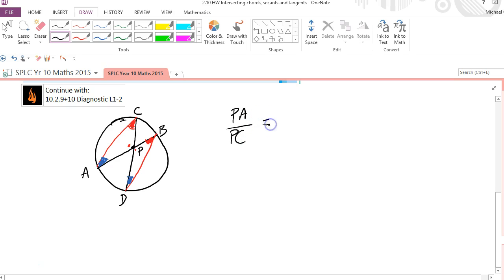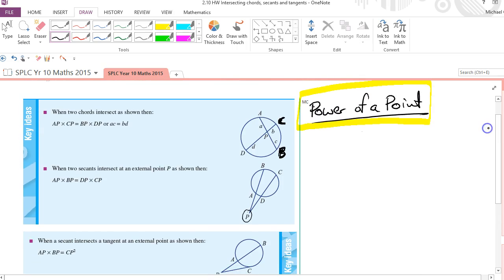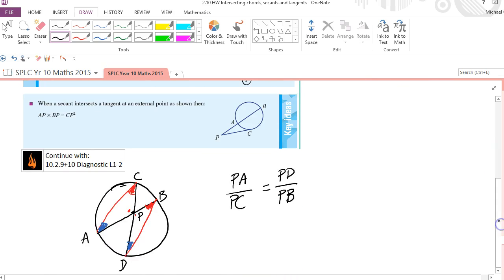Now that ratio, because these triangles are similar, angle, angle, angle, will be the same as, going from the dot to the blue, PD divided by PB. And you say, well, hang on, that's not the rule you told me it was going to be. You told me it was going to be PA by PB equals PC by PD. Let's have a look and see why that will be the case.